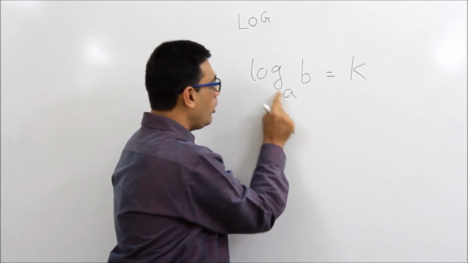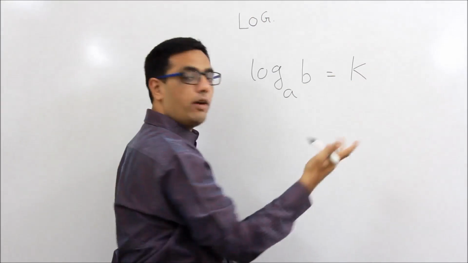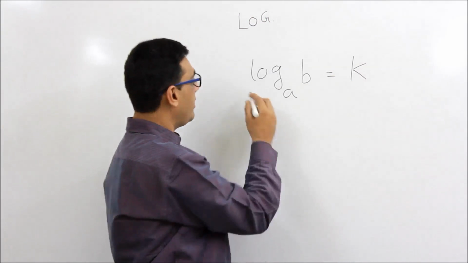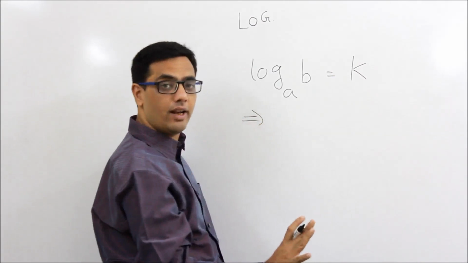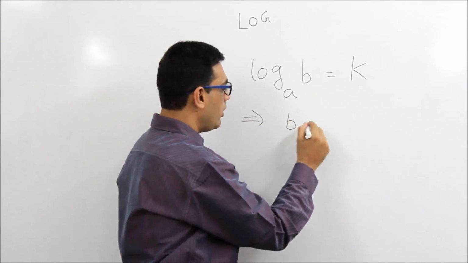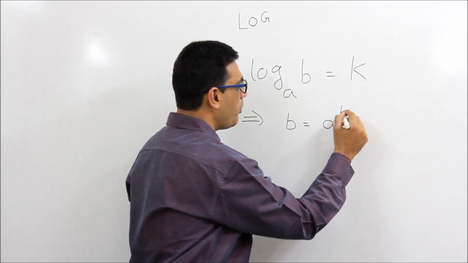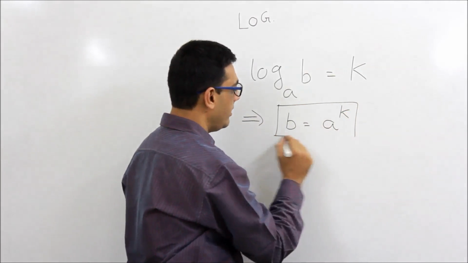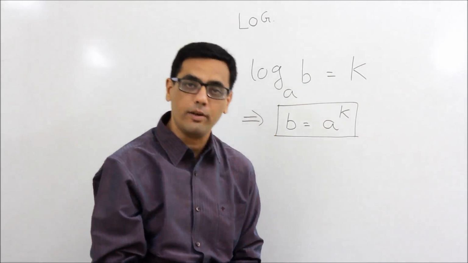So let's understand log to the base A of B equal to K. What does it actually mean? It simply means, very simple, that B is equal to A raised to the power of K. Please understand, this is the definition of logarithm.